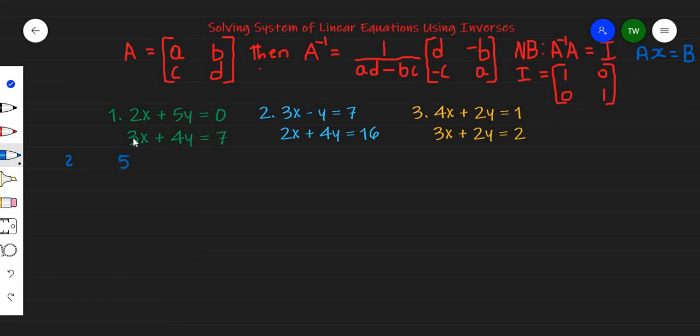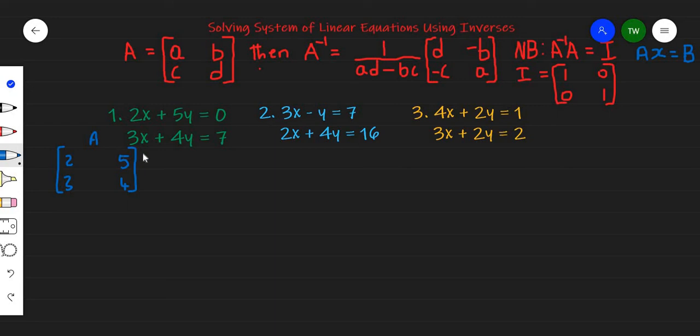I'm going to put this 3 right below the 2. I'm going to put the 4 right below the 5. And this would give me a 2 by 2 matrix, right? And this matrix, I'm going to call it A. So this is matrix A here, all right?